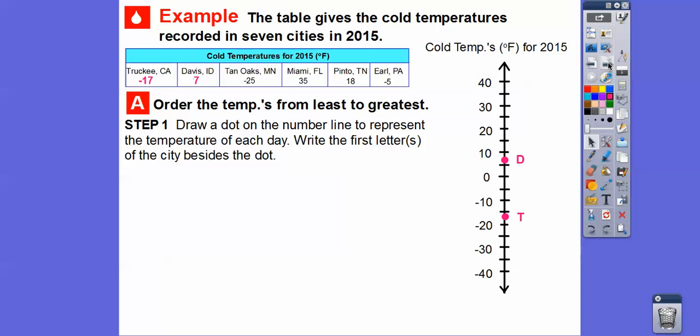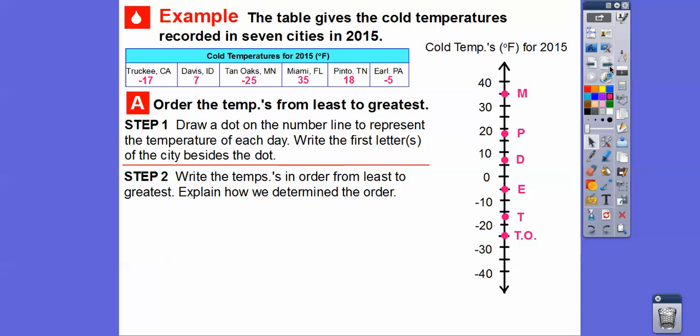Then Tan Oaks is at negative 25, so here's negative 20, so negative 25 would be right about there, so we'll put a TO there for Tan Oaks. And then Miami's at positive 35, so it's going to be way up here, the biggest number right there. Pinto's at 18, and Earle's at negative 5 right there, okay?